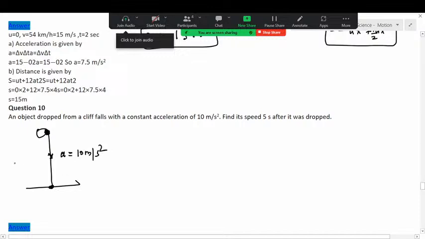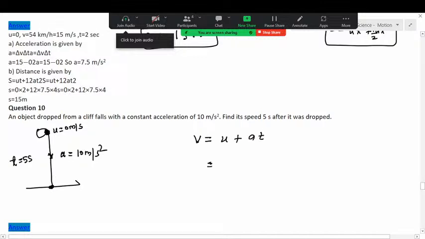Time is given. It's 5 seconds. Okay, initially it was 0 velocity that we had, because we are dropping it, we are not throwing it. And what speed will it gain in 5 seconds, we need to figure out. We know the formula, v is equal to u plus at.